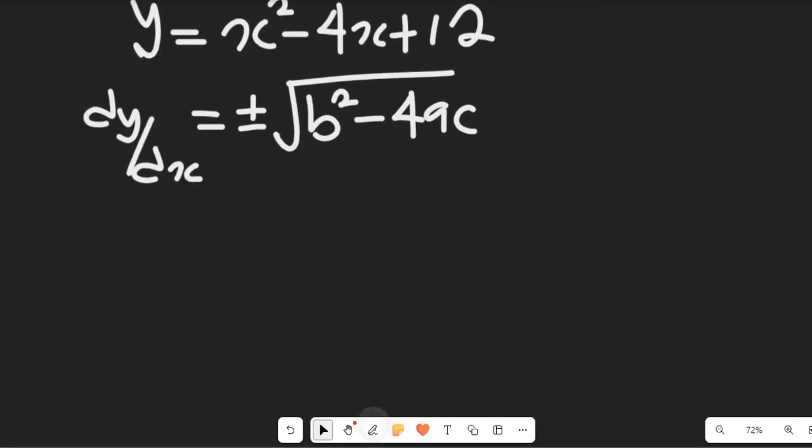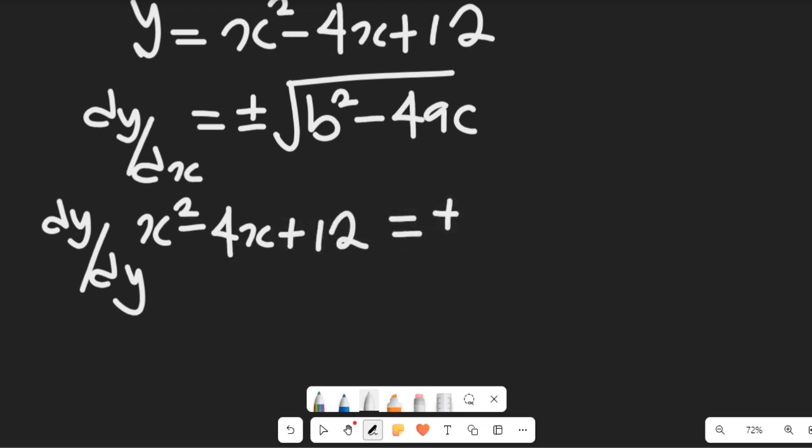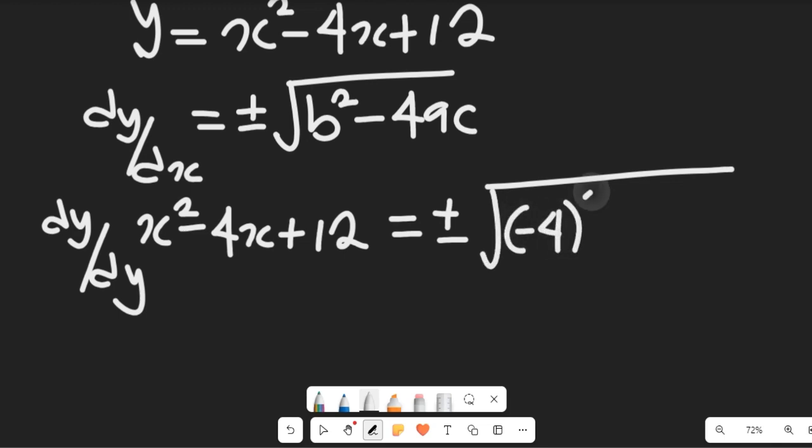Now if I differentiate this expression, I'm going to have my dy/dx of that whole expression, x squared minus 4x plus 12, equal to plus or minus the square root of b, which is -4, squared. I find this method much easier.